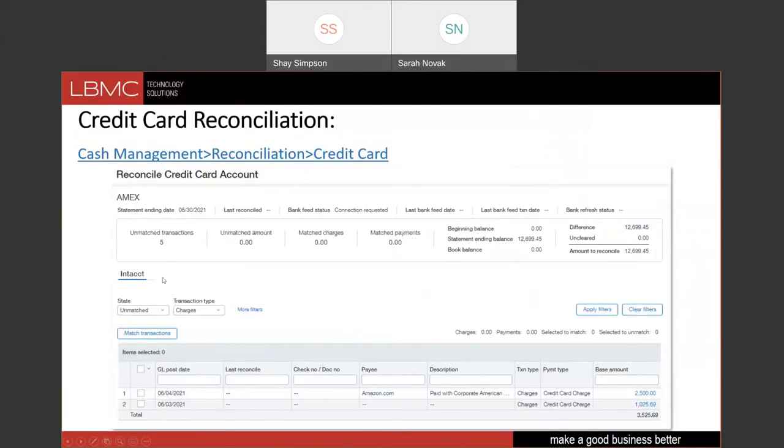If you have utilized the bank feed and the bank reconciliation, when you look at the banking side, I won't be able to show you this in a test environment because Intacct has not provided us a dummy Amex or Visa or MasterCard account to attach to.